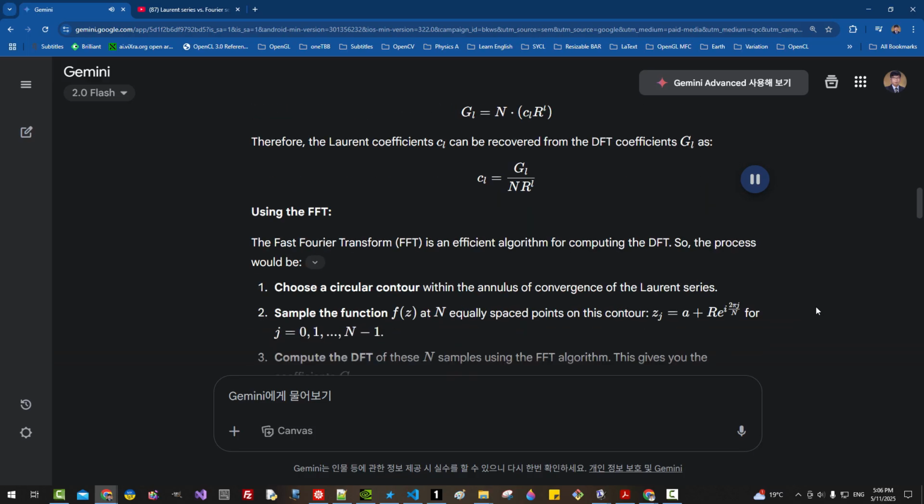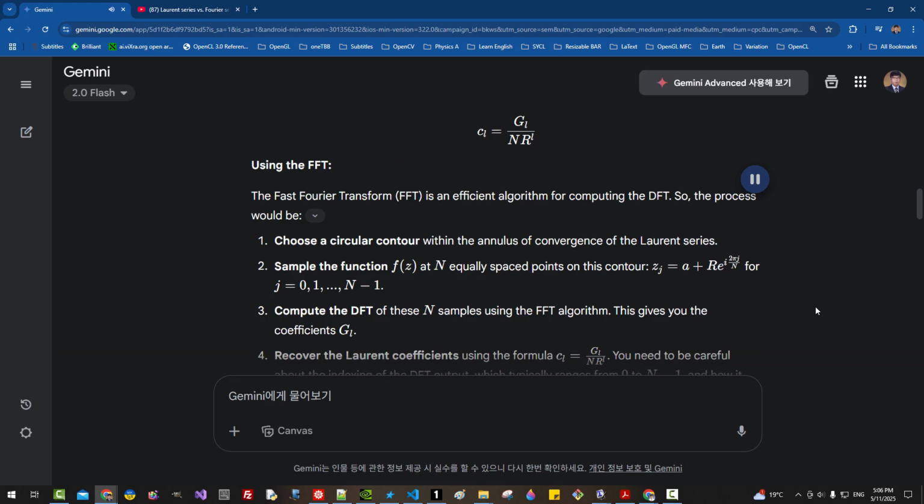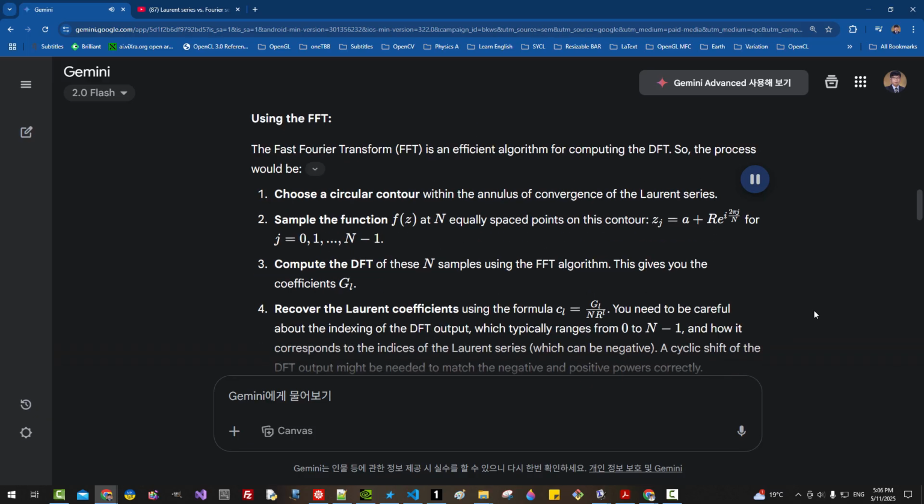Using the FFT. The fast Fourier transform, FFT, is an efficient algorithm for computing the DFT. So, the process would be: 1. Choose a circular contour within the annulus of convergence of the Laurent series. 2.